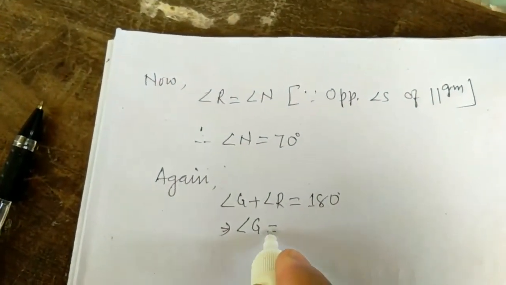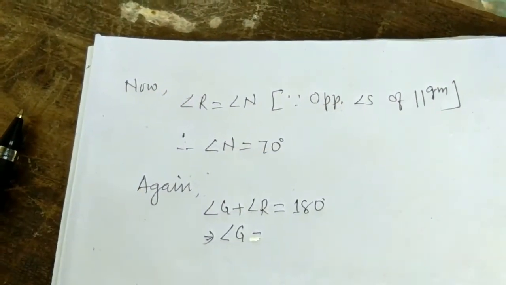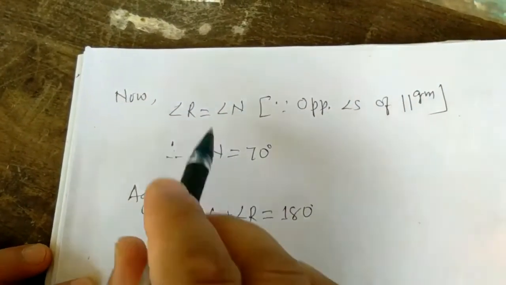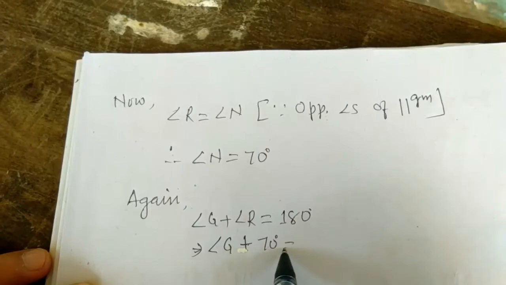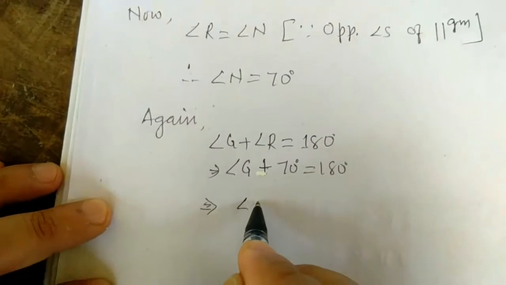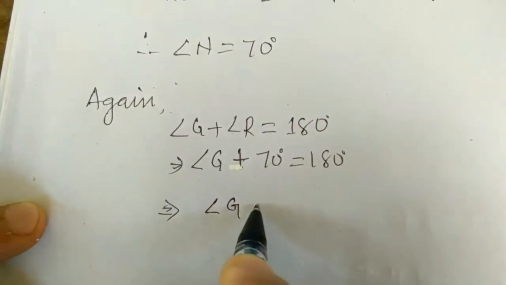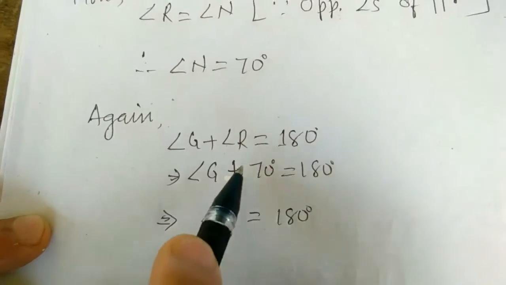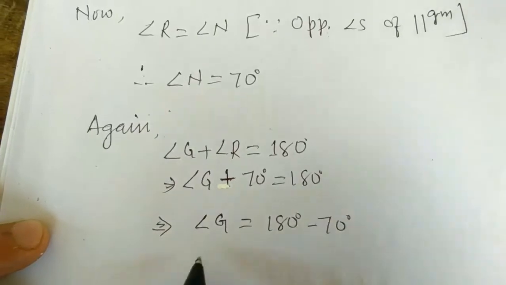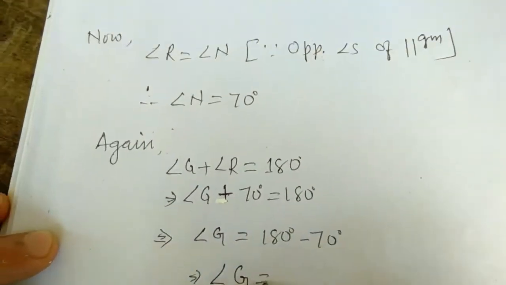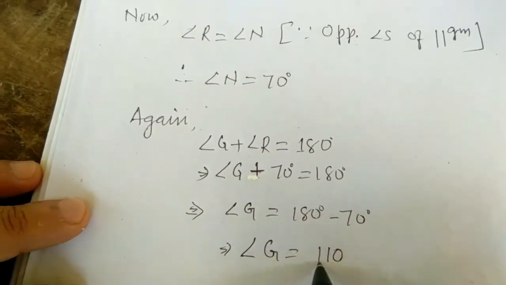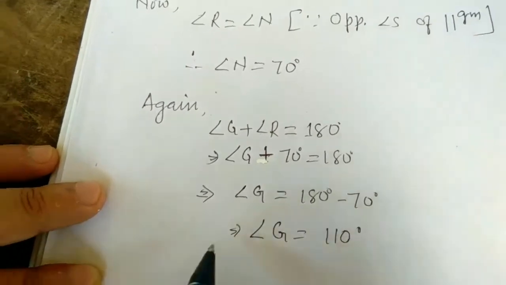Angle G plus R, where the value of R is 70 degree, implies angle G equal to 180 degree minus 70. If you transfer to the right side, it will become negative. So angle G equal to 110 degree.